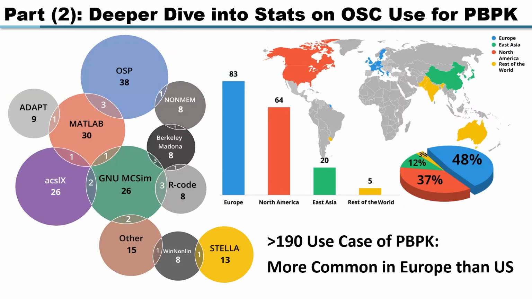In the second part of the investigation, we dived deeper into the use of the open source code platforms. This picture is showing geographical distribution, and as is evident, the open source code platforms are much more popular in Europe than, for instance, the US.